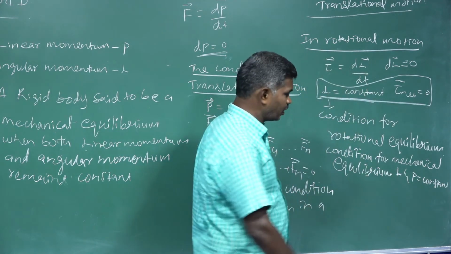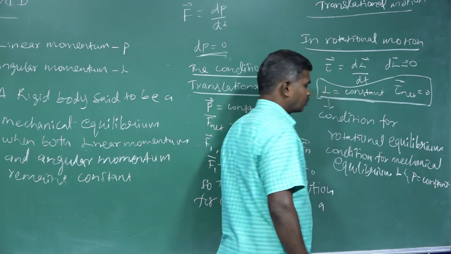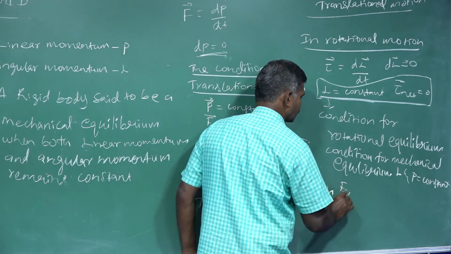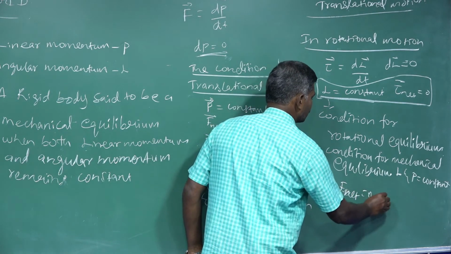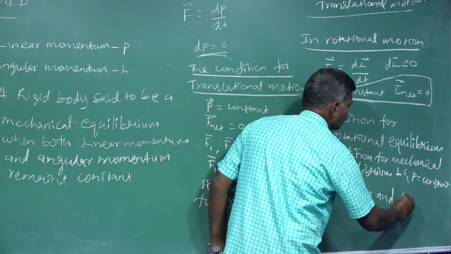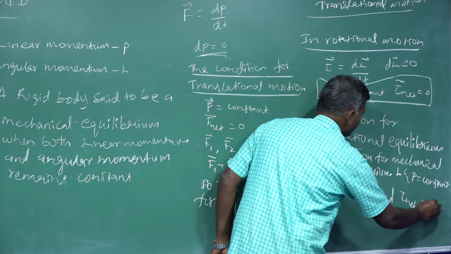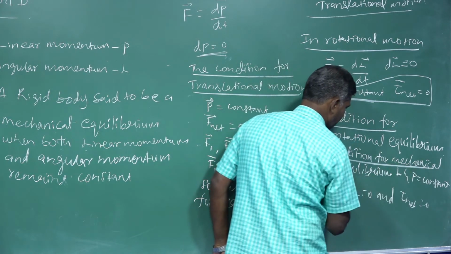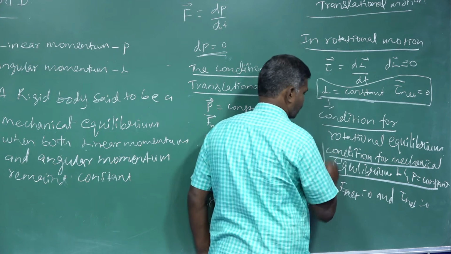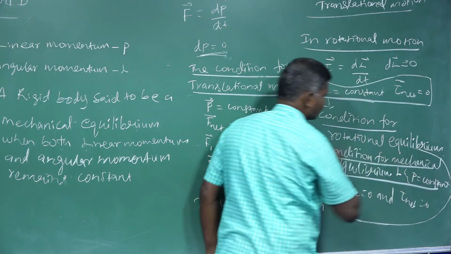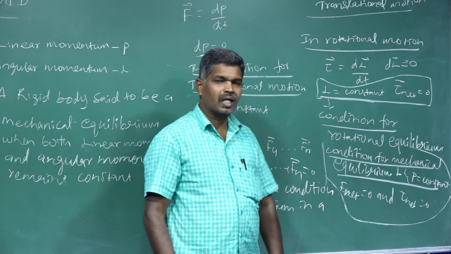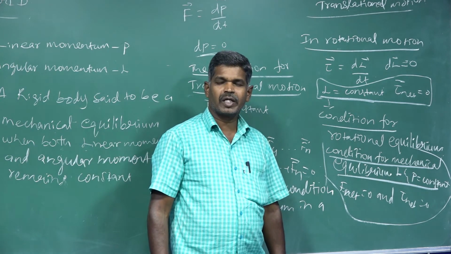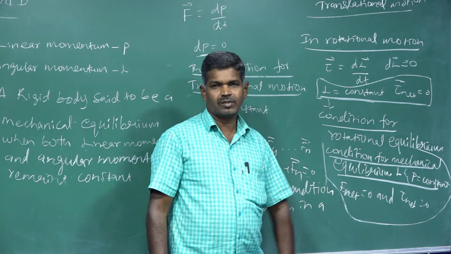Linear momentum and angular momentum remain constant, net force equal to 0 and net torque also equal to 0. This is the condition for mechanical equilibrium. The condition for mechanical equilibrium is that angular momentum and linear momentum remain constant, and net force and net torque are zero.